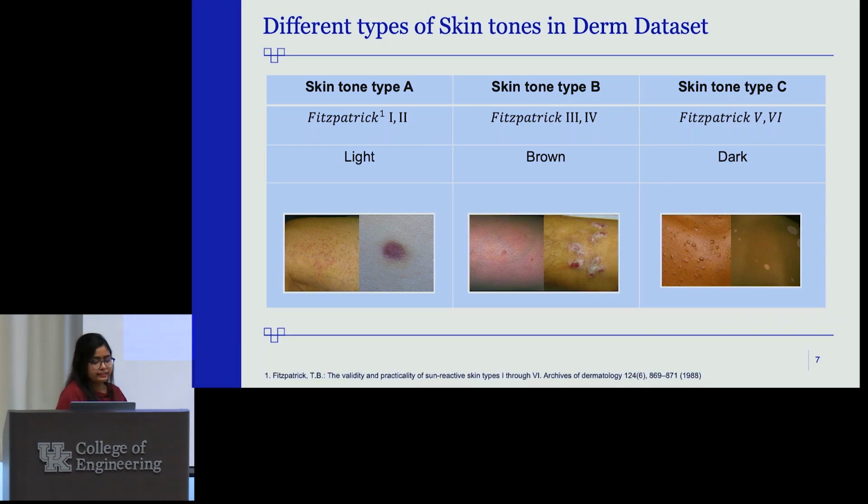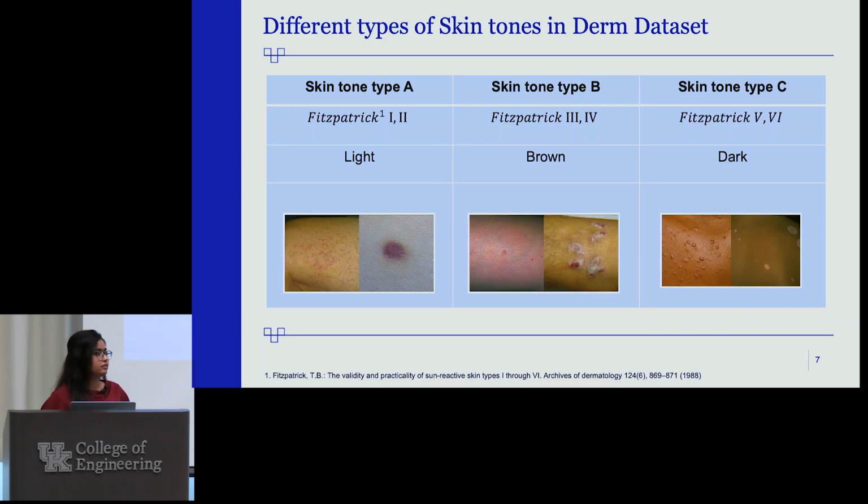I have used the Fitzpatrick skin tone. Fitzpatrick is a metric for skin tones, and it has 6 labels, 1 to 6. For my experiment, instead of all 6 classes, I use 3 classes. Fitzpatrick 1, 2 is light, 3, 4 is brown, and 5, 6 is dark.